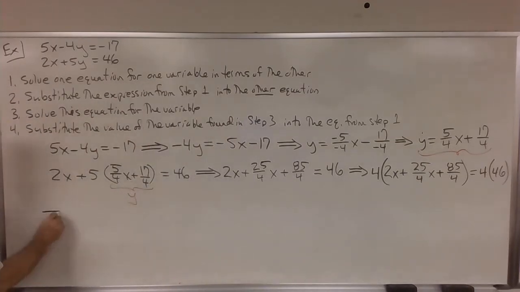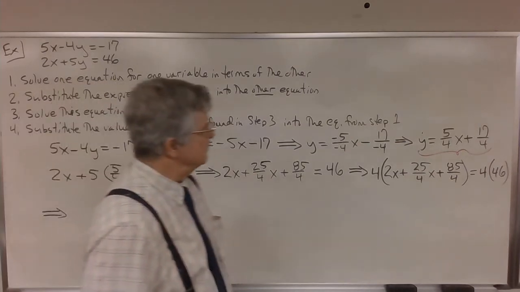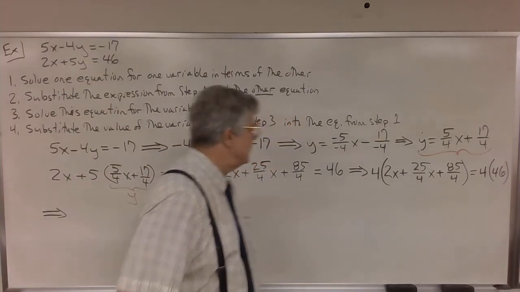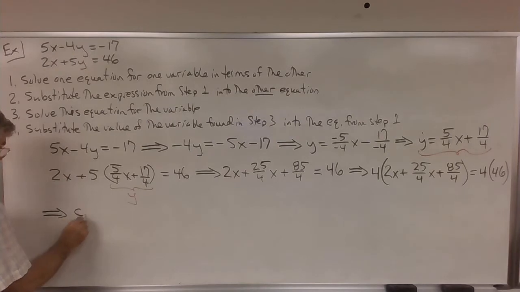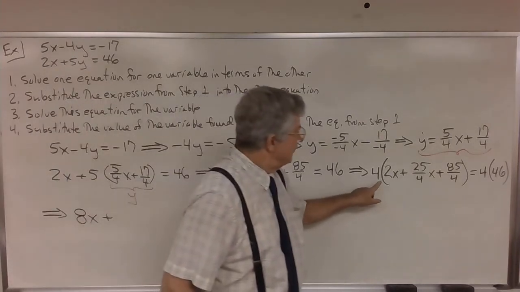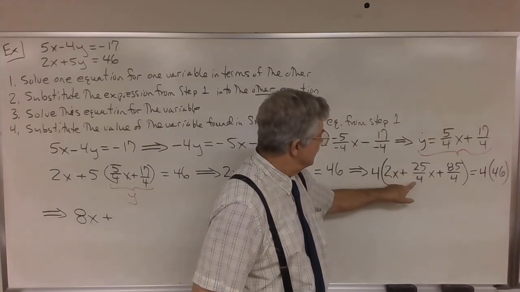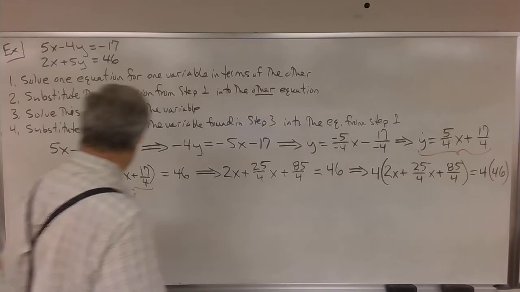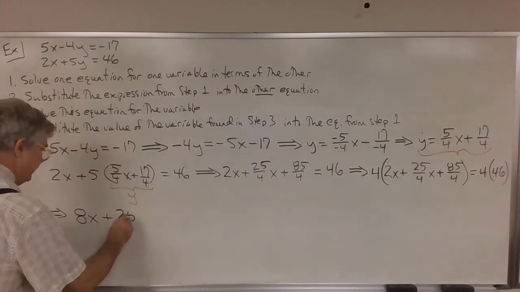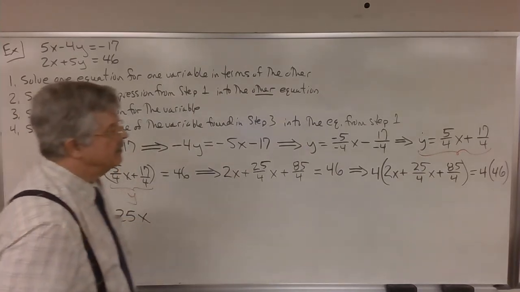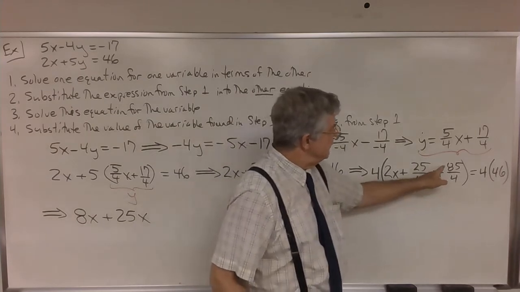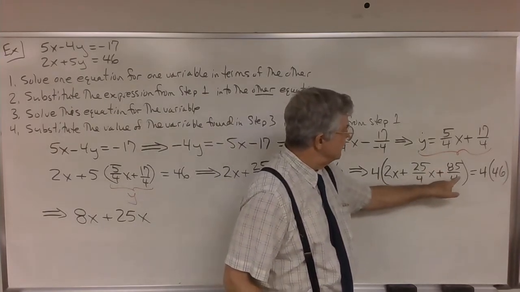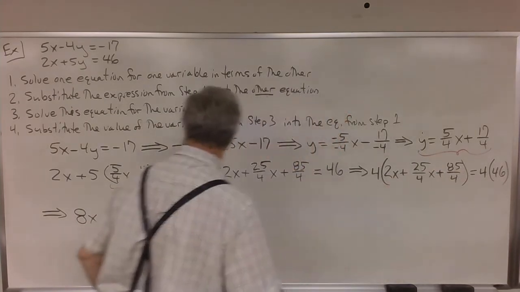Yeah, it's a good thing that I remembered that I hate fractions, because this is going to be a lot easier. 4 times 2x is 8x. 4 times 25 over 4, the 4's cancel, so this is just 25x. 4 times 85 over 4, the 4's cancel, this is just 85.